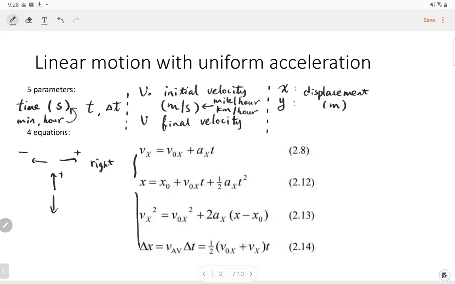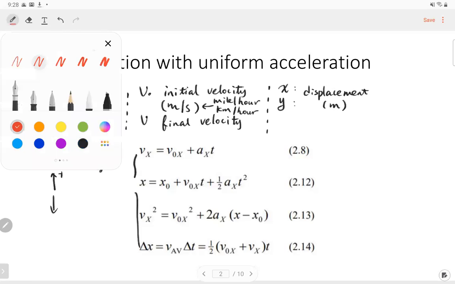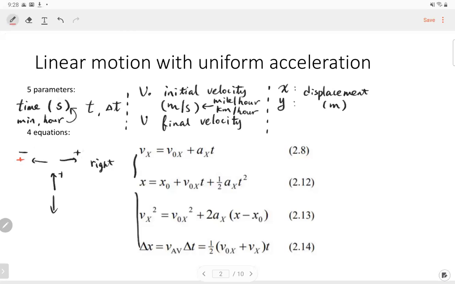After the definition is done, we cannot change it. You can also define it in the opposite way. You define the left is positive and the right is negative. That doesn't matter. It depends on your preference. Someone likes the positive to be down and negative up. So it doesn't matter. But after you've done the definition, you cannot change it for the whole problem.